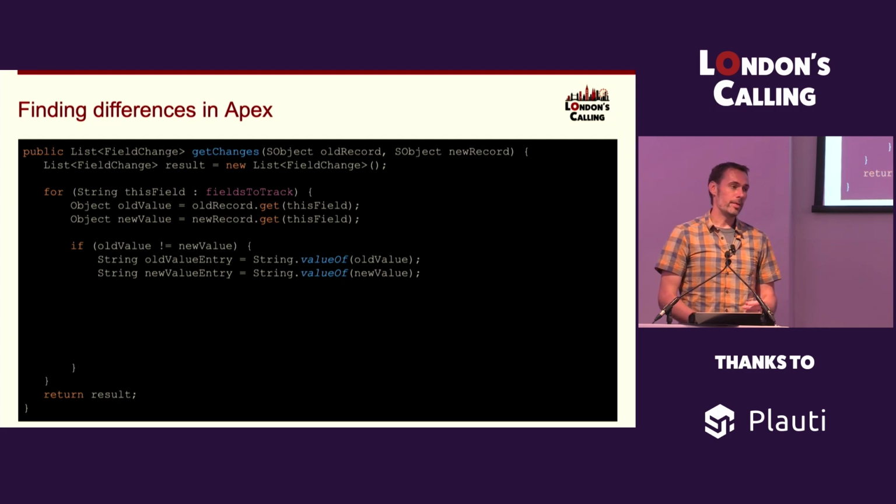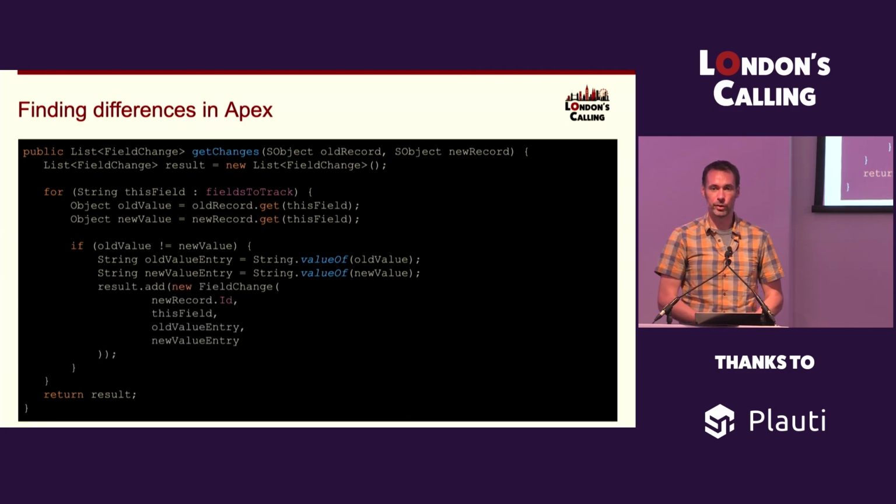If they're different, then that's when we're going to construct one of these field change records. We're converting them all to strings here, because that's the output that we want. And very simply, we just create a container to throw this thing into. So that's an Apex implementation of finding differences.